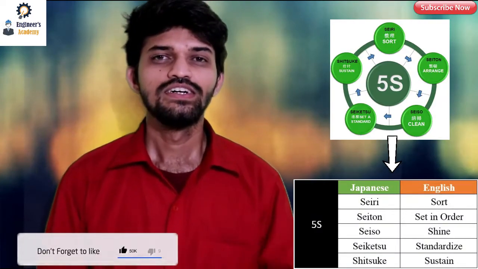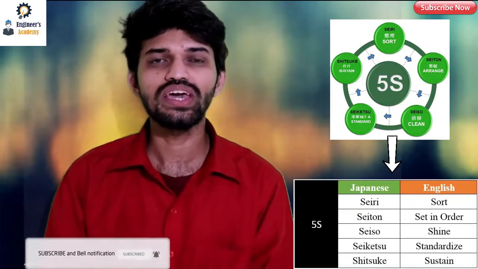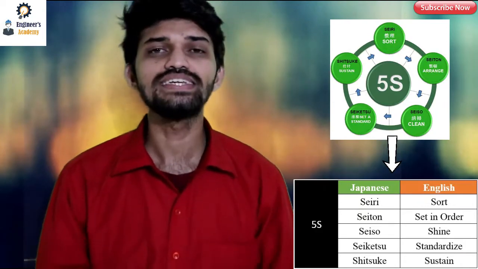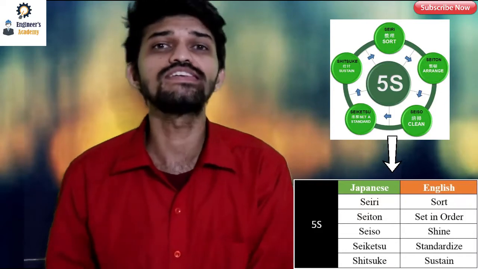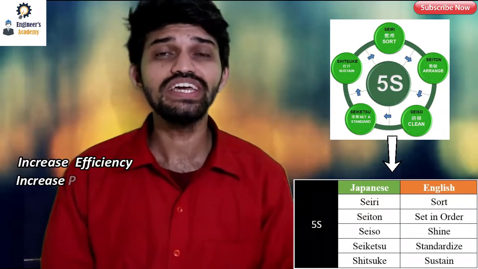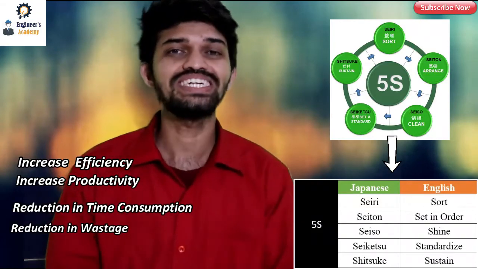The next is Seiketsu, which means standardize, and Shitsuke, which means sustain. So guys, these are the 5 activities which we implement in a production system to make it more efficient, to increase productivity, to reduce time consumption and to reduce wastage basically.